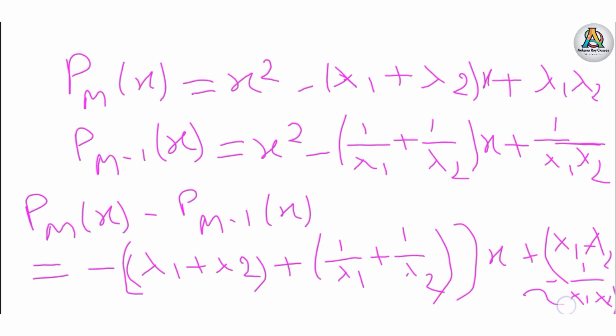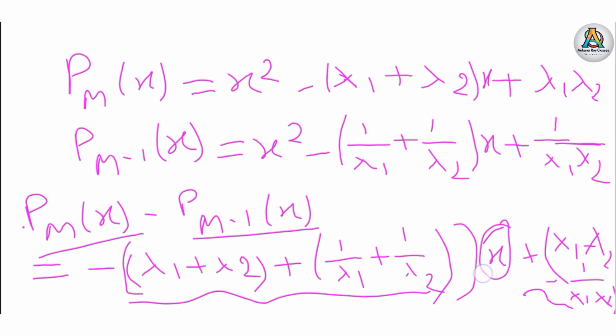The last term is constant. So this subtraction must be constant when the coefficient of x is equal to 0, because x is not constant, it is a variable.